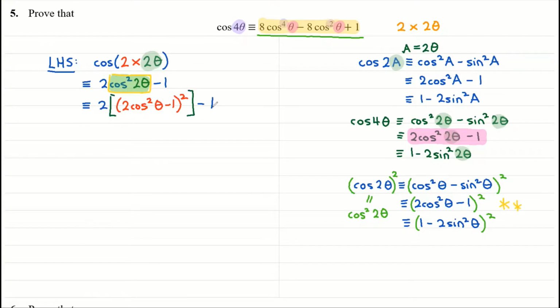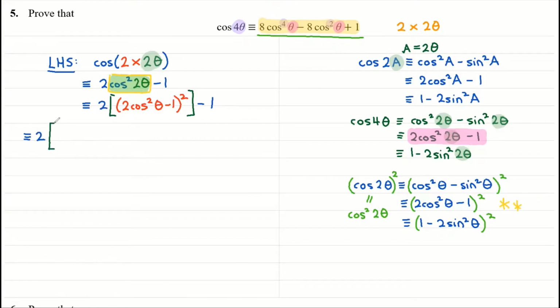Now, whatever happens, I'm definitely going to have terms purely in terms of cos theta, which is what I want. So there shouldn't be any more substituting now. It'd just be a case of expanding and simplifying. So let's have a go. I'm just going to move the identity across because we might need a bit more space here. Back to the big square brackets.